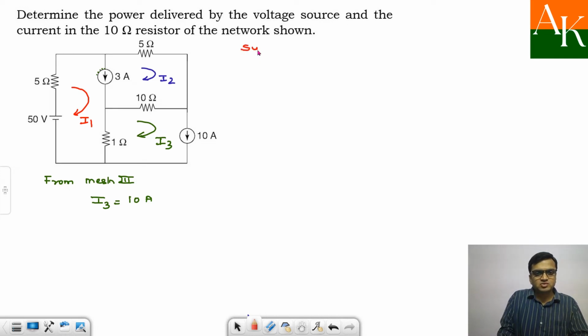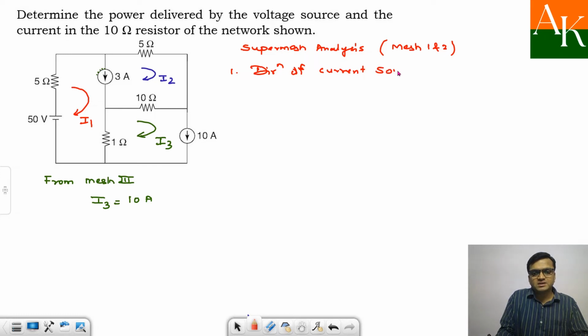So now we'll go for supermesh analysis. The supermesh is formed because of mesh 1 and 2. By looking at the direction of the current source, the 3 ampere source shared between mesh 1 and 2 is moving downward.